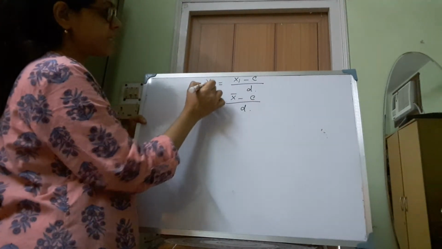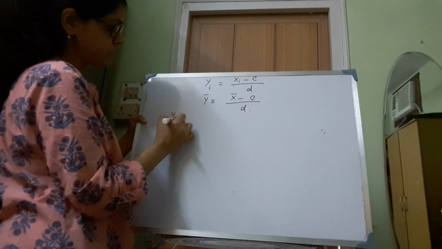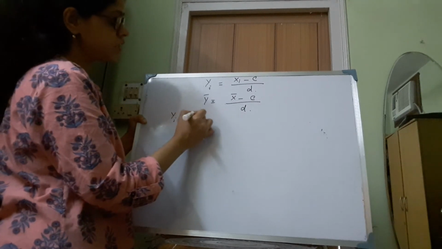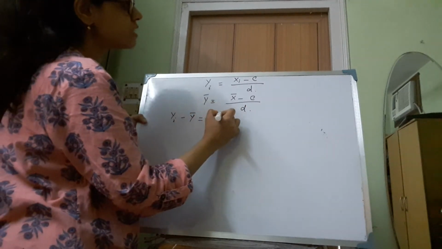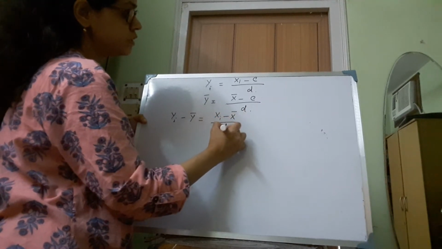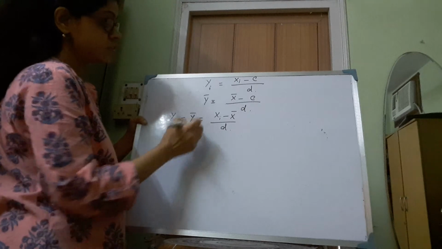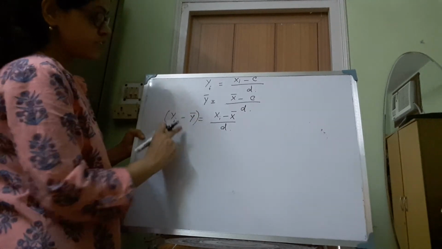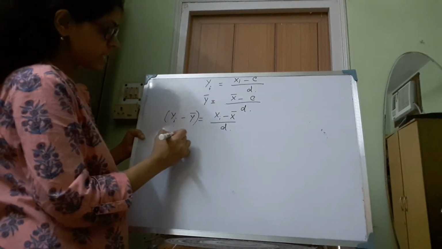Now we take yi minus y bar. We take the deviation yi minus y bar on the left hand side, then on the right hand side we get xi minus x bar by d. So this c will cancel, and then we are taking the modulus value on both sides.